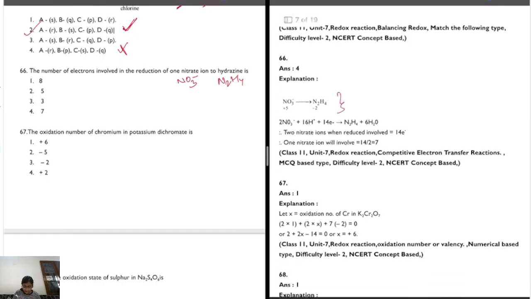This is the reaction, and what is the oxidation state of nitrogen here? x plus 3 times -2 equals to -1, that is x equals to +5. That is in case of NO3-. And in N2H4, it would be -2, 2x plus the hydrogen is +4 equals to 0.